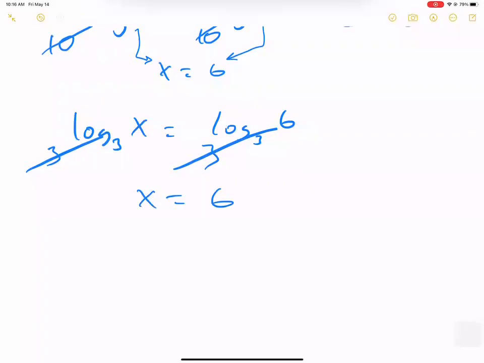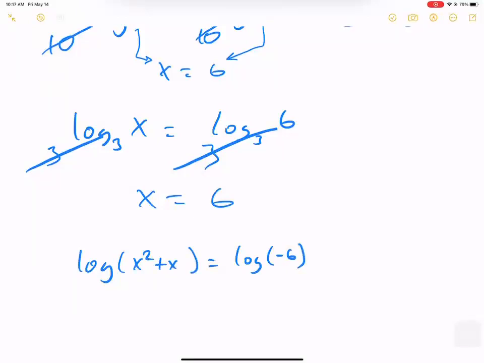If they're not the same, then we're screwed. We got to do something else. We got to rewrite the problem. Okay. What if I write log of x squared plus x is equal to log of negative 6.